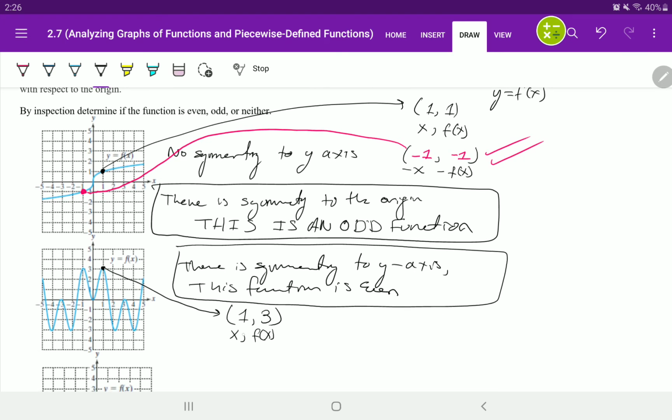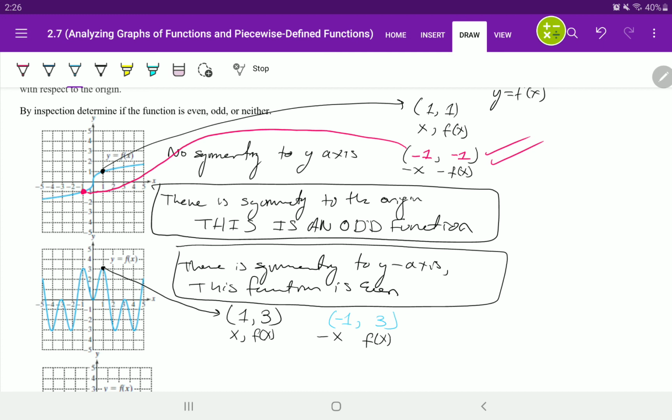So if I have negative x, I will now have negative 1, but f of x will remain the same. I will not change the sign of that, which means my f of x should remain as 3. The f of x will remain as 3.